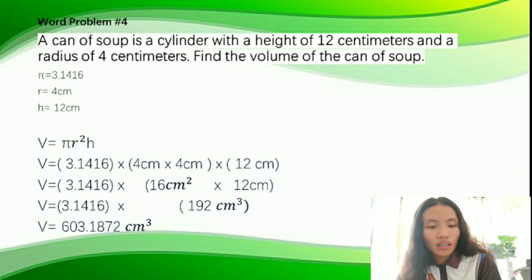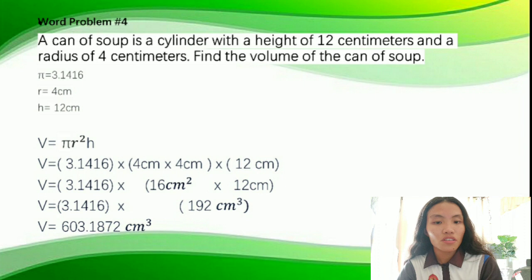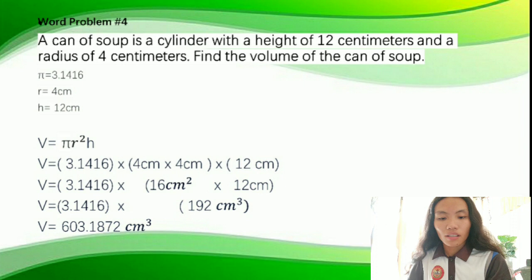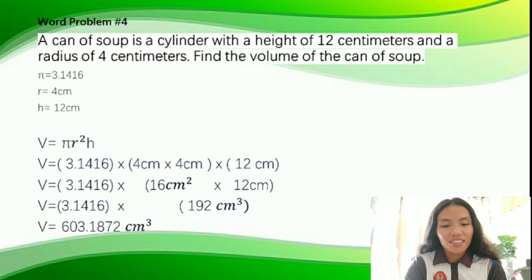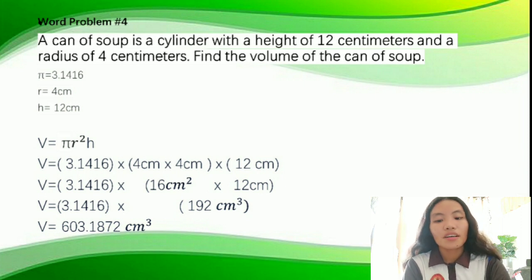Sorry for the correction, the radius should be squared there. So I made a mistake in placing it. So, 4 centimeters times 4 centimeters times 12 centimeters, which is the height. Why is 4 centimeters written twice? Because the radius is squared there. So, that's right. The formula for volume is pi, radius squared, then height. So, pi, the value of pi is 3.1416 times 4 cm times 4 cm times 12 centimeters.